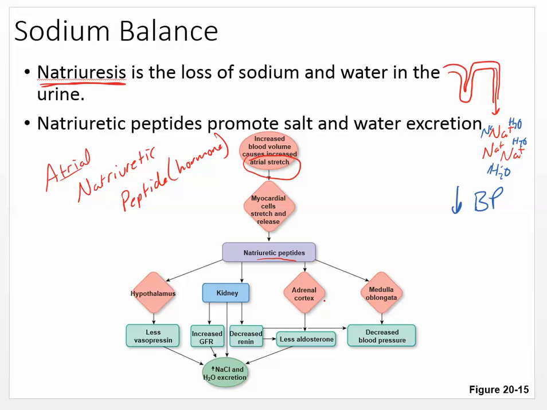The atrial natriuretic peptide we care about, it does all of these things. It also has an effect on the hypothalamus, the adrenal cortex, medulla, but we mainly care about this one. And what it does is it increases GFR.